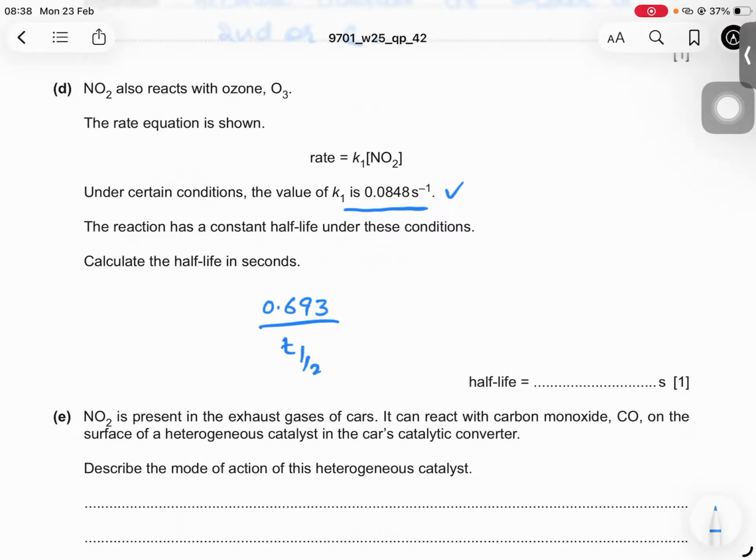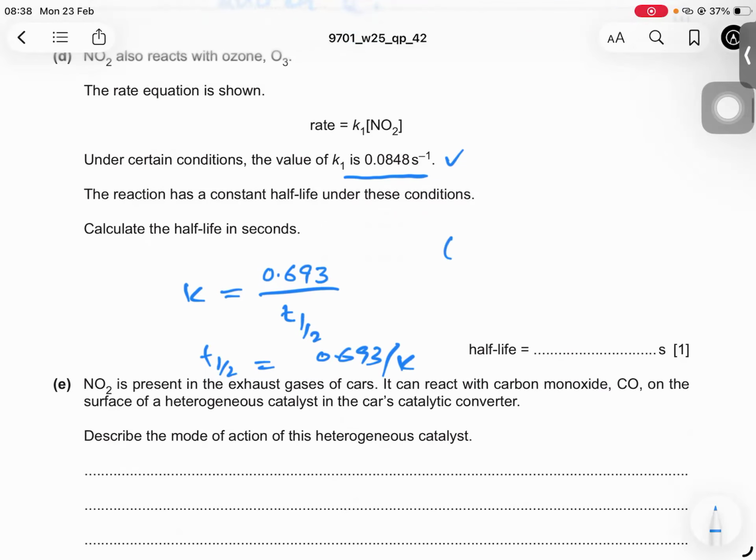T half is equal to 0.693 divided by K. So 0.693 divided by 0.0848 per second. So what is this? 8.2.